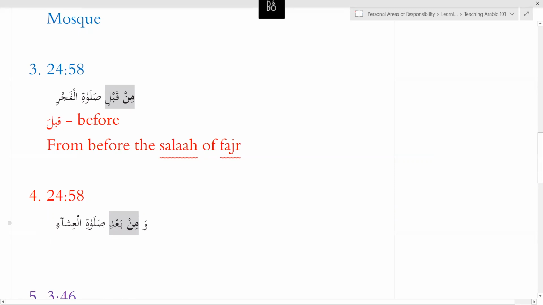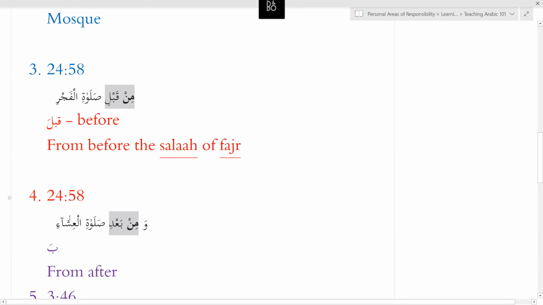Woman badi salat al-isha'i. From... very good. From... after, very good. Salatil Isha. Isha is namaz. Yes, salat al-isha'i.